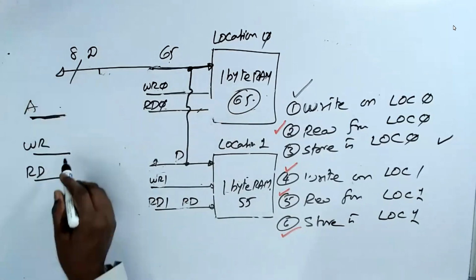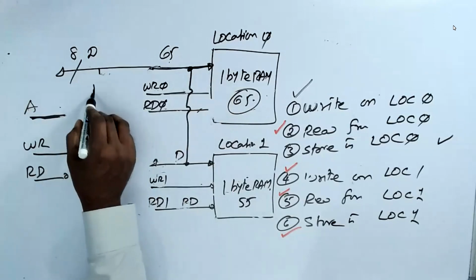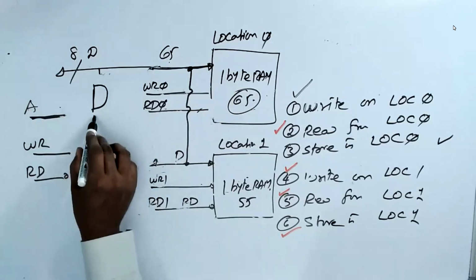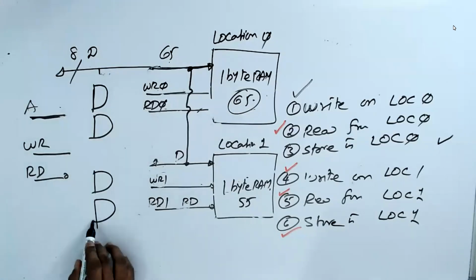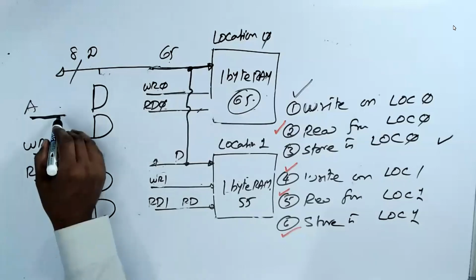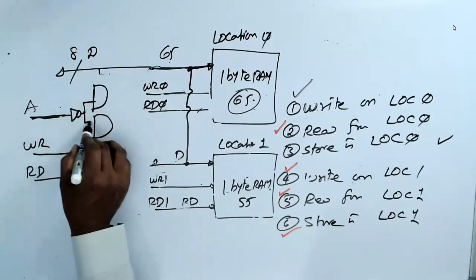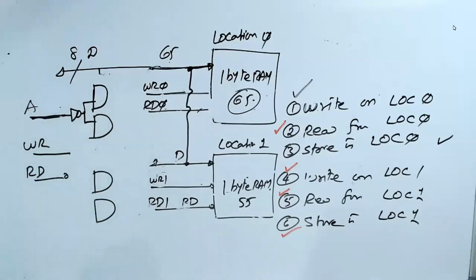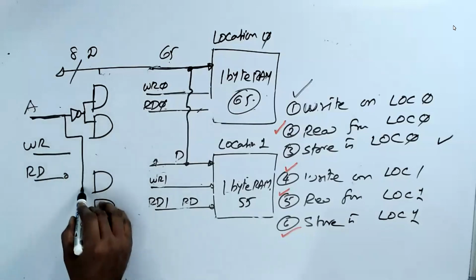Now I have gates. Everything is AND gate, nothing else. I told you repeatedly, I will not be using more than that. What the people did was, they used the inverter here and connected to both. And without inverter, they connected to both.